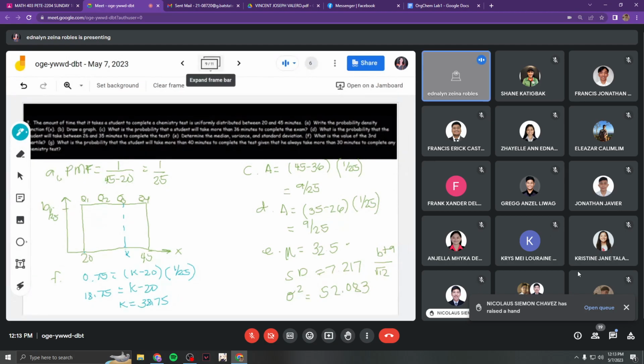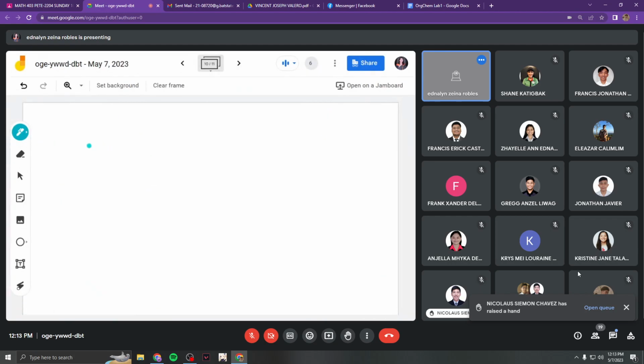Any other answers besides 30%? Okay, sige. Your answer for letter G is 30%. Any other answers before we solve the problem?